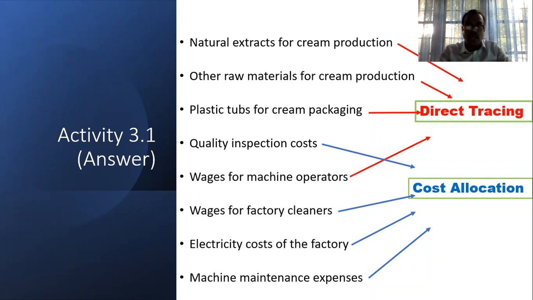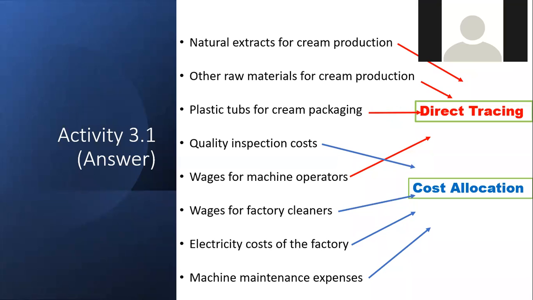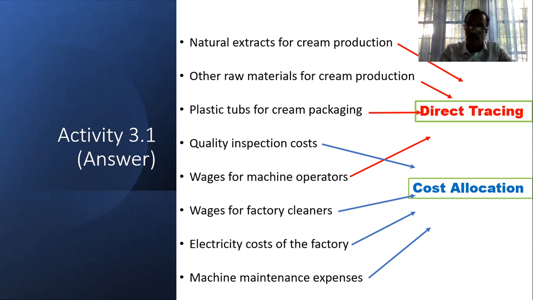Then they realized that there are costs that can be identified or traced with respect to each and every product. But other than that, there are costs which cannot be traced directly. For example, electricity cost. Because lights are on all the time, 24 hours, or as long as the machines are running. That electricity is being used, the lighting is applicable for producing all the goods.